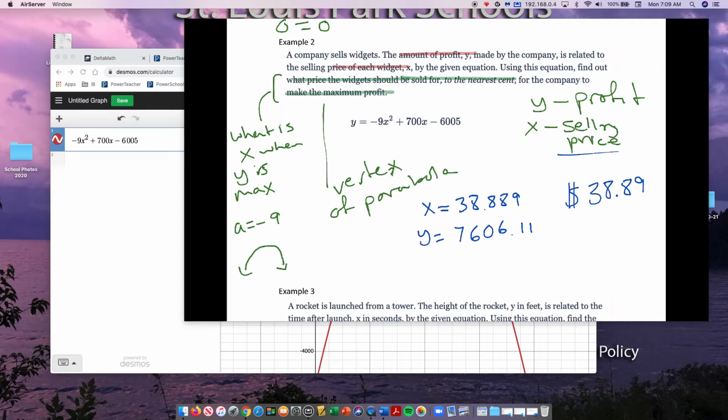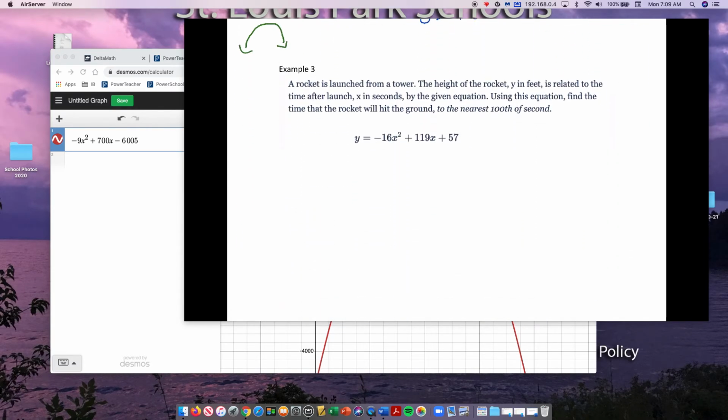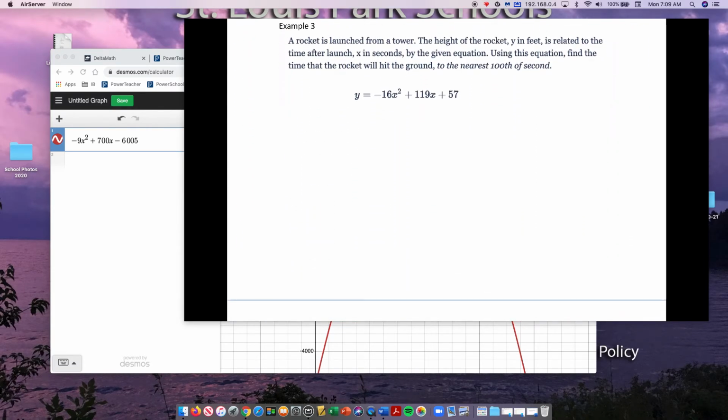So let's look at one more example. A rocket is launched from a tower. The height of the rocket is y in feet, so let's start writing some of those variables down to figure out what we're going to need to be asked. So let me highlight that in red. The height of the rocket is y in feet, so y is the height of the rocket.